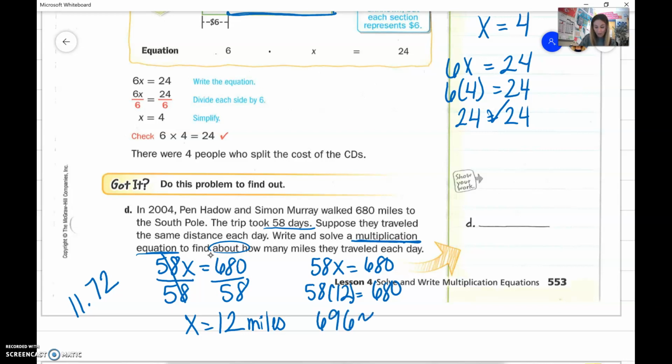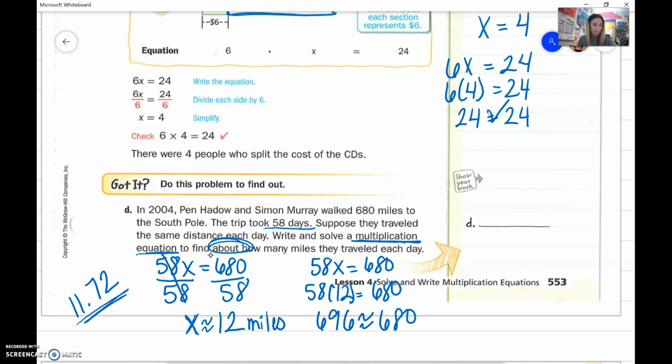Now, the key word is about, which means I'm going to use these little squiggly lines, and I probably should have done that here because it doesn't equal exactly that. These little squiggly lines mean that it's about. If I were to round it, 11.72 rounded to 12 miles. So we know that our estimated answer is going to be a little bit more than our actual answer because the keyword is about.